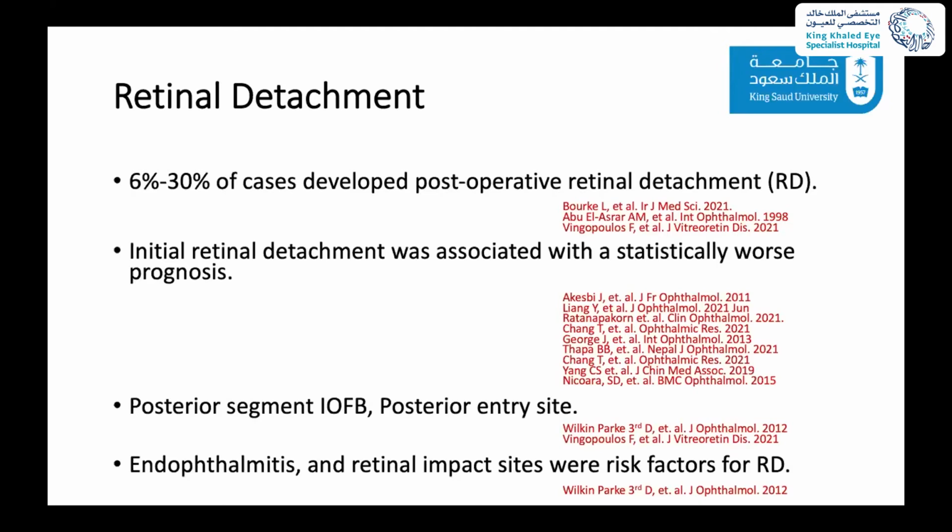There was a higher risk of retinal detachment with posterior segment intraocular foreign bodies and with posterior entry sites. This is true both at presentation and post-primary repair. And it also has been found that endophthalmitis and retinal impact sites were risk factors for developing rhegmatogenous retinal detachment.